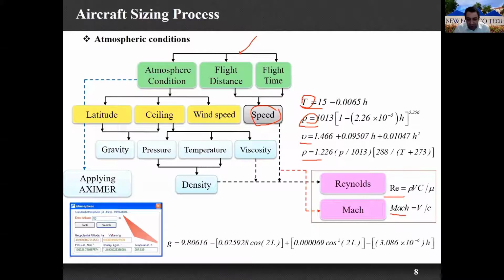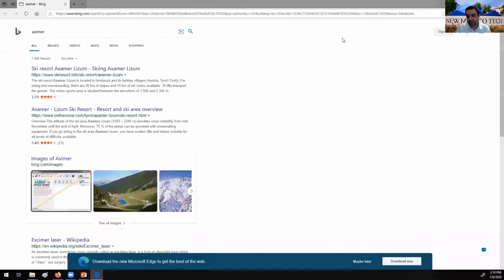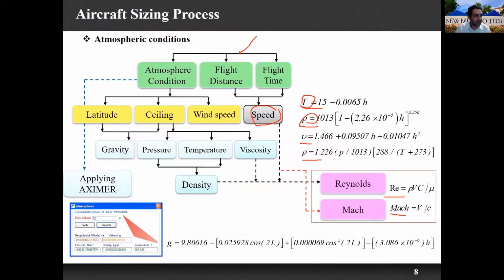There is a software called Aximer. If you want to download it, it's free. I think I should have it on my computer, and I may be able to show you how to find it.